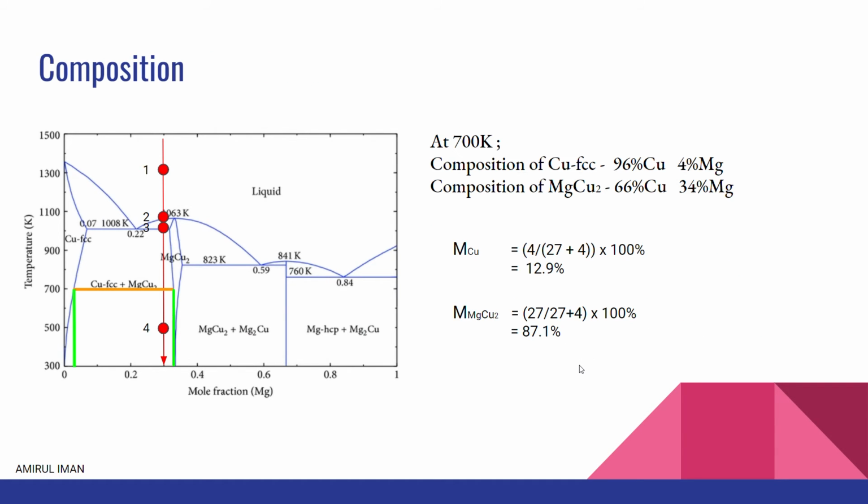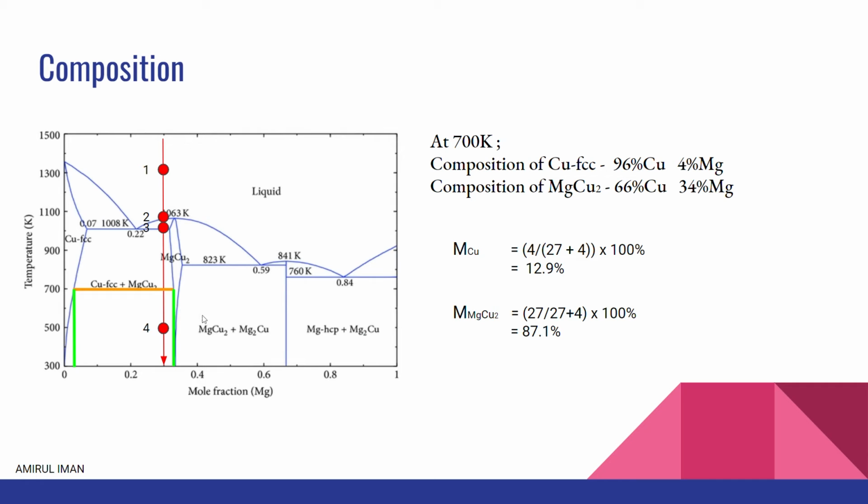Lastly, next is the composition calculation. For us to calculate our composition, we first need to do our tie line. We take it at 700 Kelvin. At the left, you can see our Cu FCC has 96% copper and 4% Mg. While on the right, we have a composition of MgCu2 of 66% copper and 34% Mg.